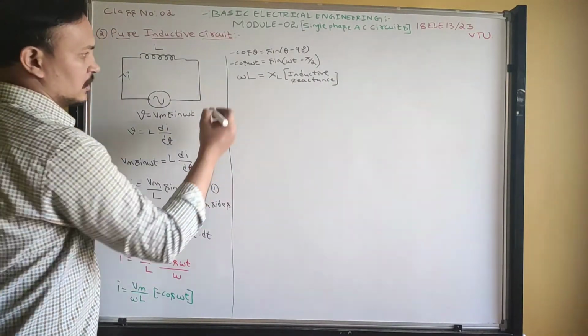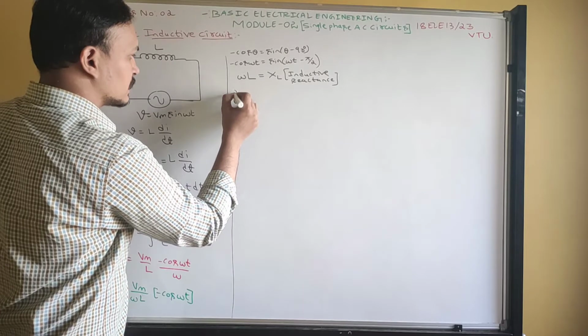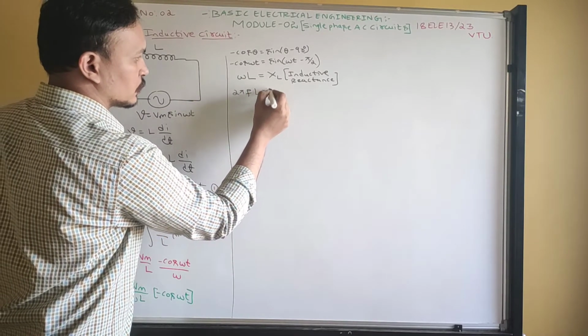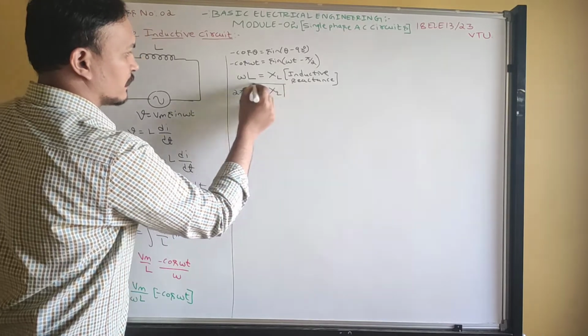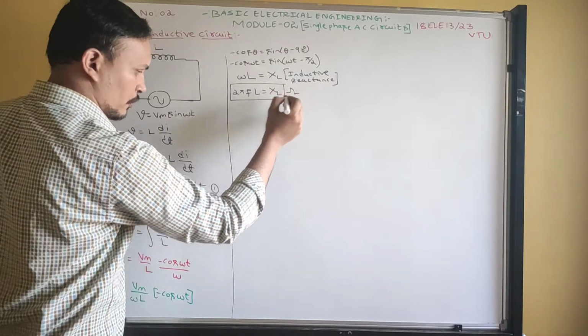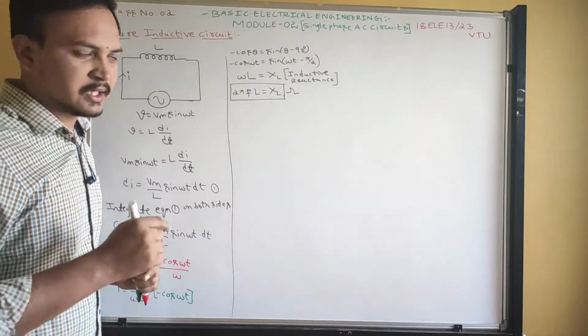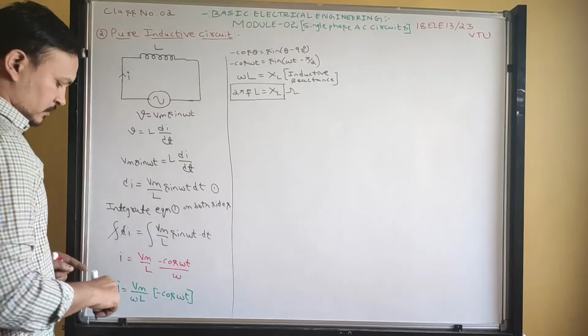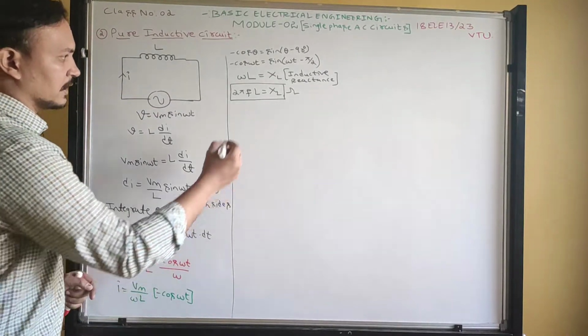Angular frequency. The unit of angular frequency is radians per second. So omega can be written as 2 pi f, so 2 pi f into L. The unit of inductive reactance is ohms and the equation of XL is 2 pi f into L.